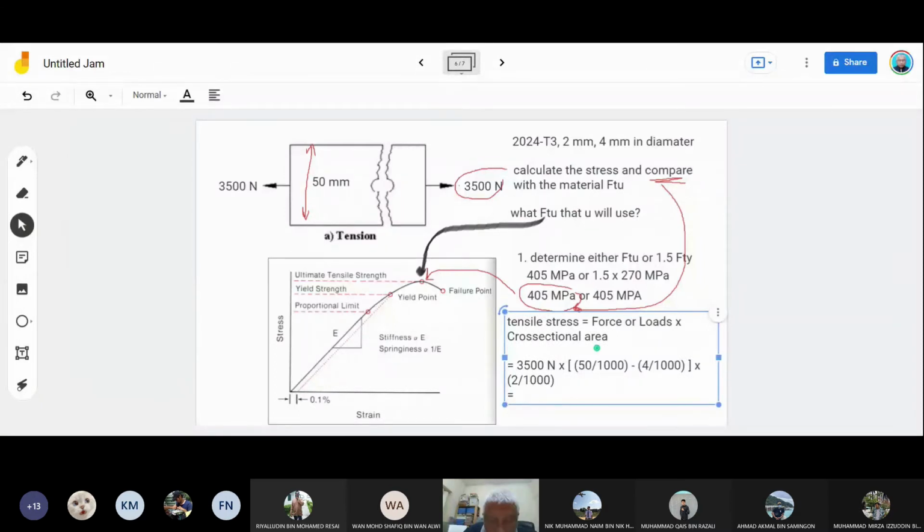3,500 Newton, time 0.05 minus 4 mm. 4 mm in meter will be 0.004 meter, time.